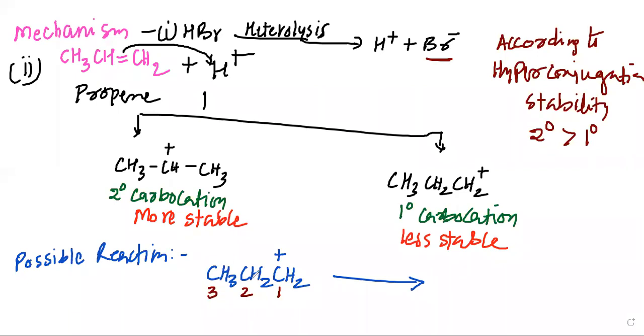So one hydrogen from the second carbon goes to the first carbon, which is known as 1,2 H shift. Please remember, the hydrogen from the second carbon goes to the first carbon, which is known as the 1,2 H shift, and this kind of reaction is known as rearrangement.